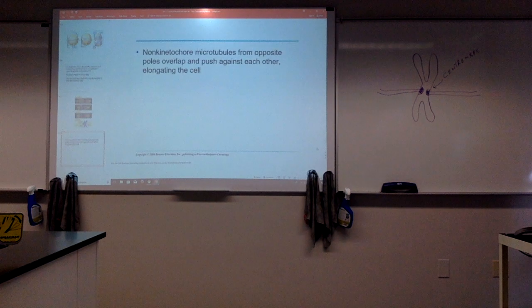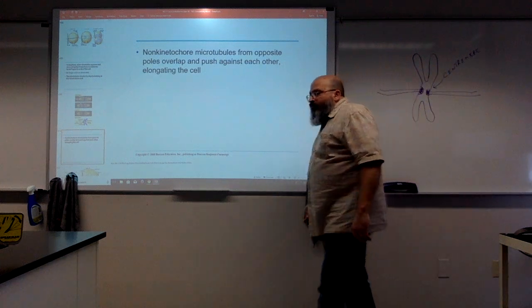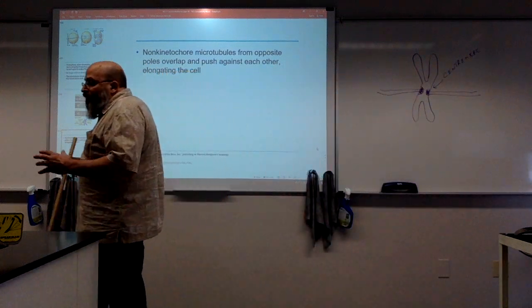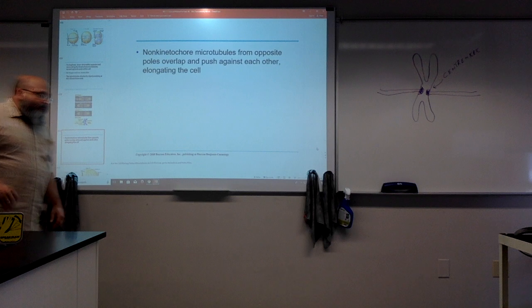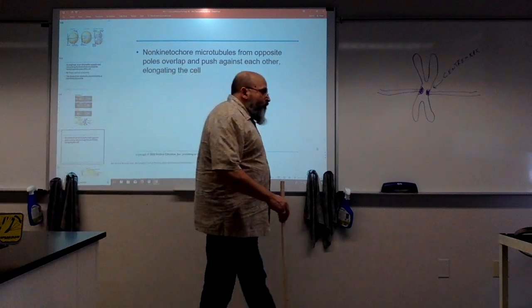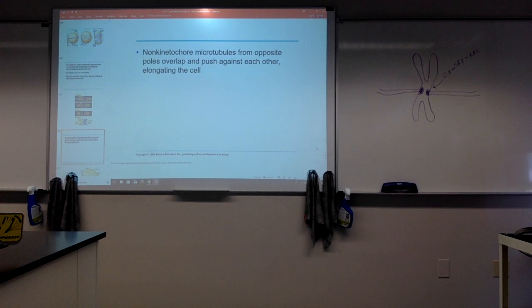Something else happens during anaphase. Non-kinetochore microtubules from opposite poles, in other words, the parts of the spindle that did not attach to the kinetochore, from opposite poles, they will overlap and push against each other, elongating the cell.